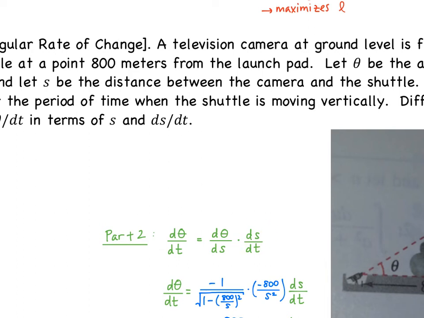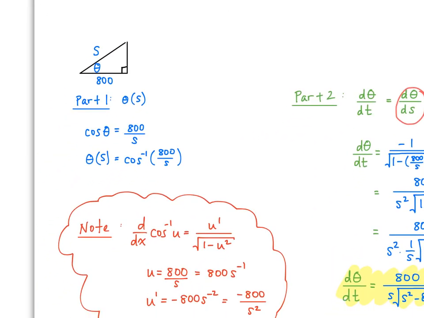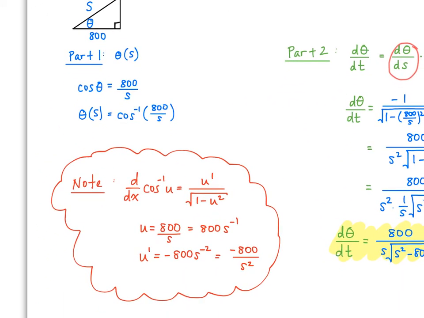So what we should notice is, we'll be able to find this based on how we wrote our equation of theta in terms of s. So what that means is we need to take the derivative of what theta is in terms of s, okay? So one thing we need to note is how do we take the derivative of the arc cosine?